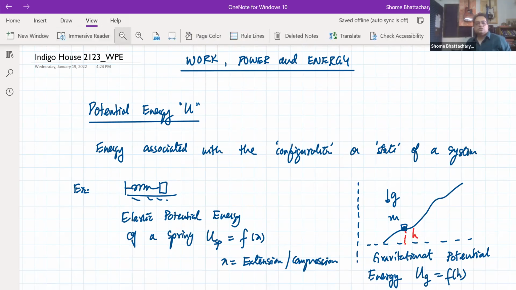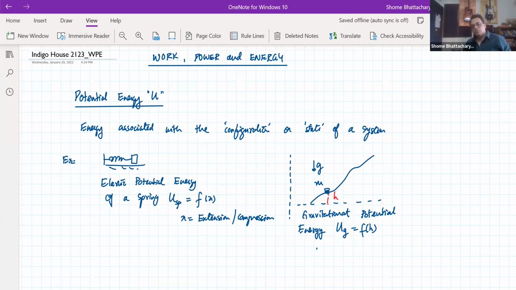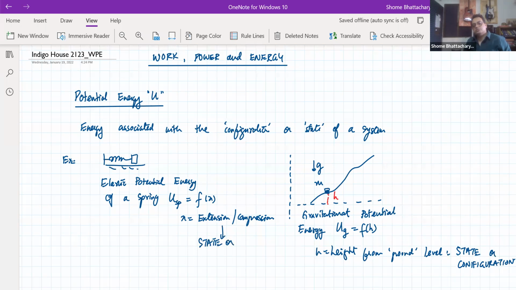So here the height from ground level is the state or configuration of the system. Here, extension or compression is what denotes the state or configuration of the system.